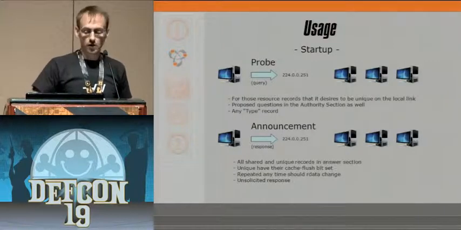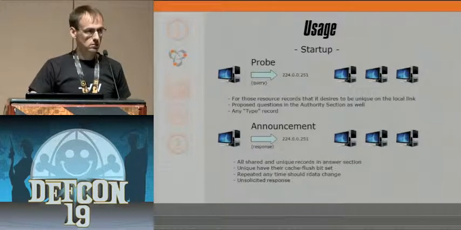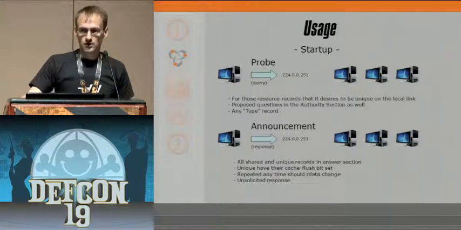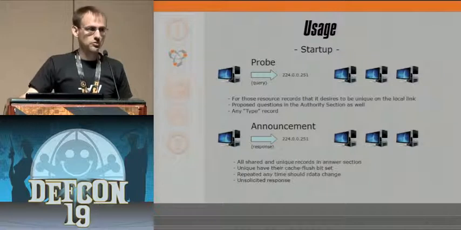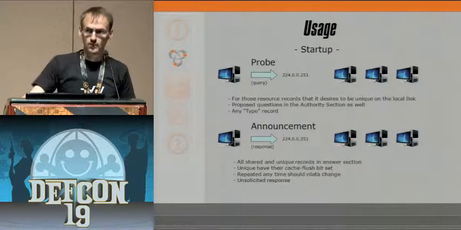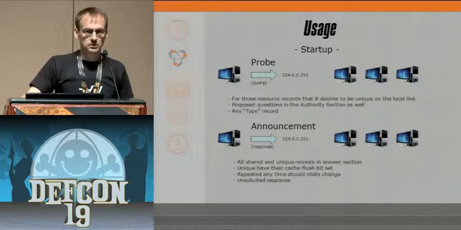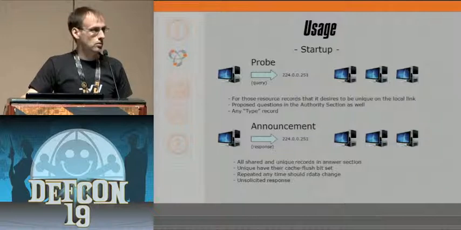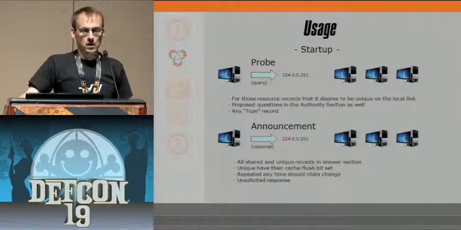Now, there are a few basic operations that these hosts engage in, and this is important when we take a look a little bit about how this information flows over the network later on. First off, there's the probe. The probe basically is a situation in which there is a record that this host is going to contain, and it wants to establish this as a unique record.